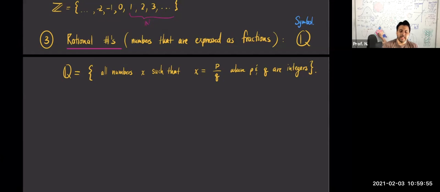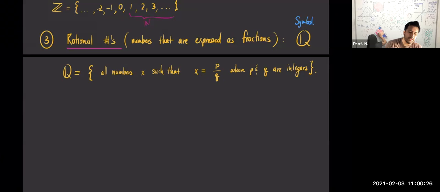Now, this kind of writing is not so standard, but I want you to start to understand that to express something mathematically requires precision. There's a lot of precise statements that are being made. So if you have a number that you can express as a fraction of integers, that's a rational number.